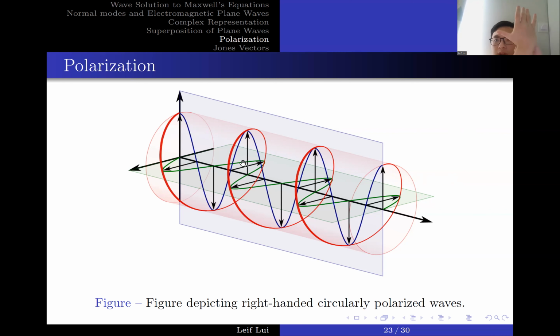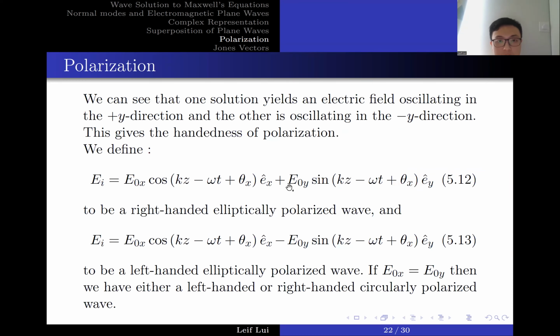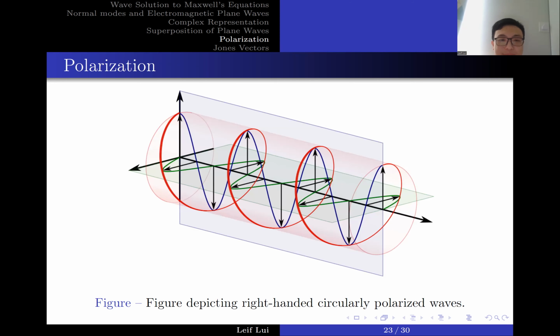So this is my right hand, pointing like this, and this curl is curling in the counterclockwise direction. So we get a spiral that's going counterclockwise. But this represents the positive solution, where we have a positive sign in front of E naught y.